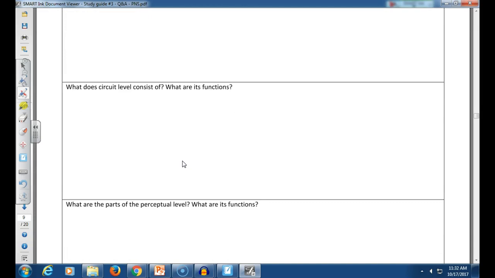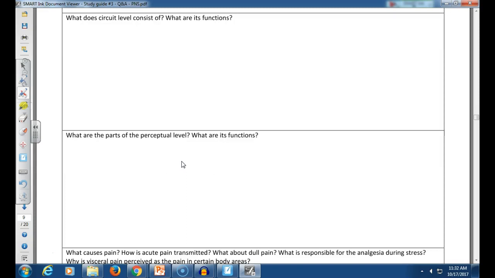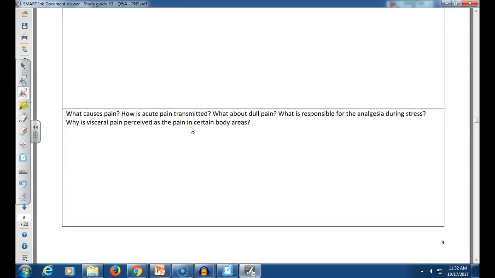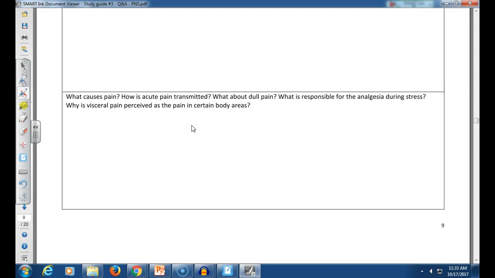Circuit levels, ascending pathways. Perceptual level, somatosensory cortex. Okay, it's pretty much easy. What causes pain? I will start calling out names. Because I told someone what causes pain. Chemicals. Okay?